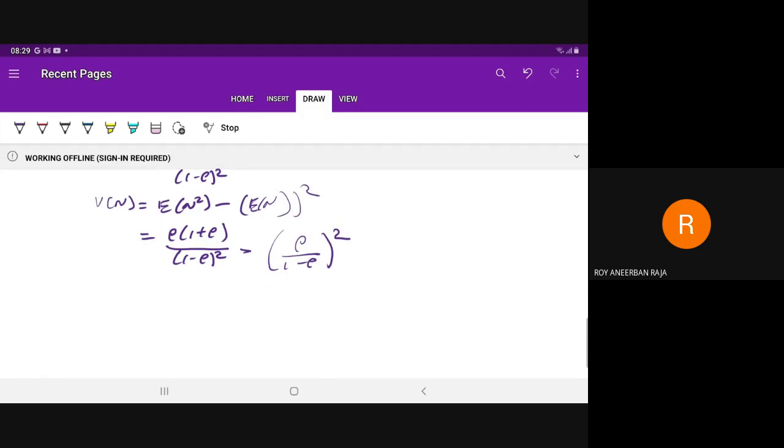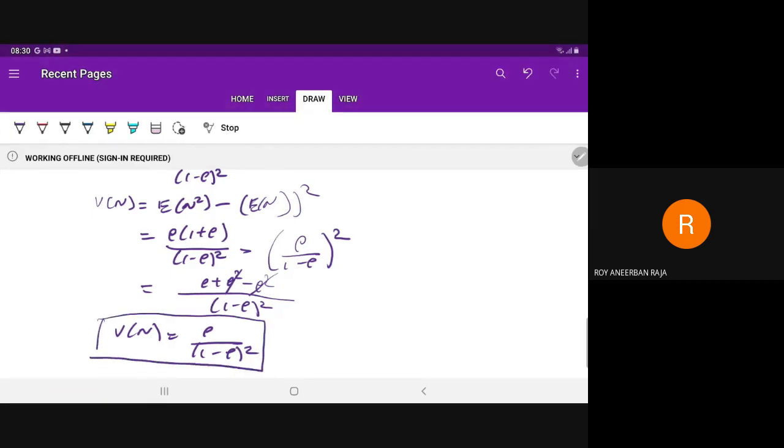So it will become (1 minus ρ) whole square, and we have the ρ plus ρ square minus ρ square, so it will cancel out. So Vn is equal to ρ upon (1 minus ρ) whole square, that is our Vn.